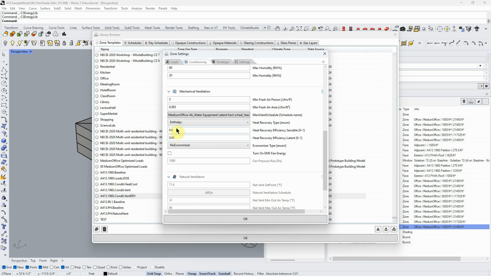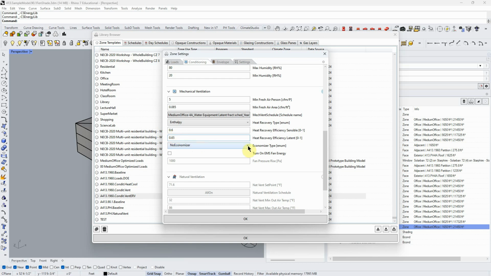And I set a sort of standard efficiency. In other words, with that latent system, we are transferring 65% of the heat energy that's in the air to the incoming air. We could actually go higher than that, but this is a fairly standard amount.